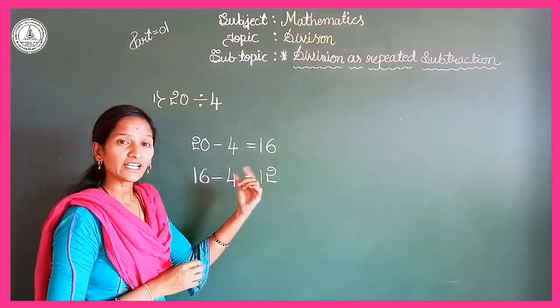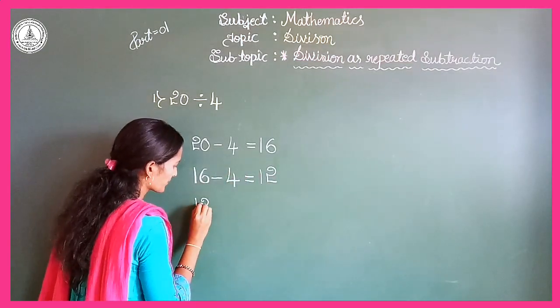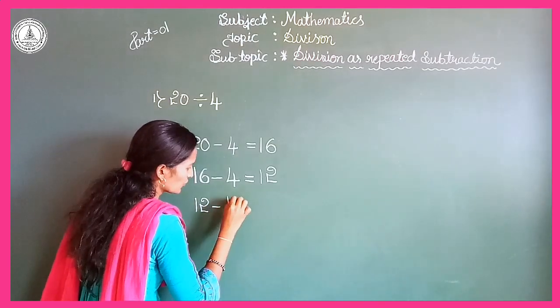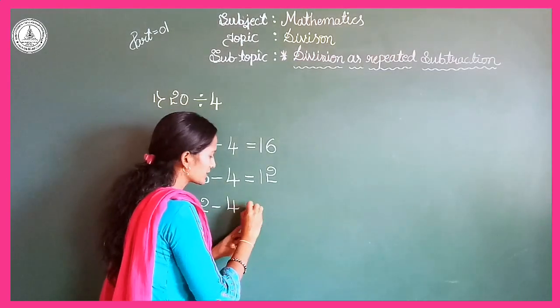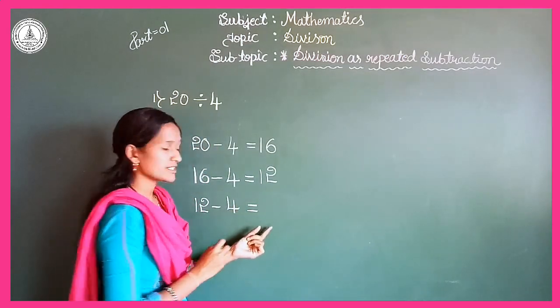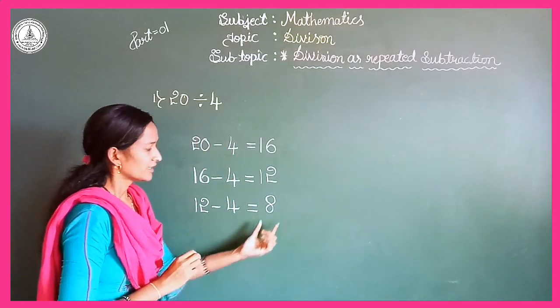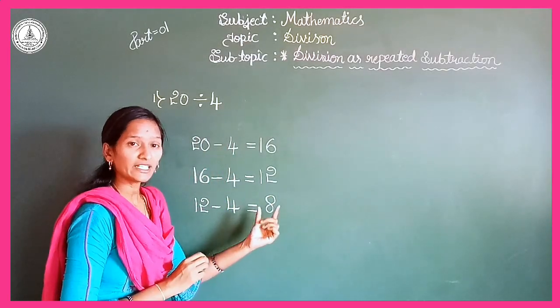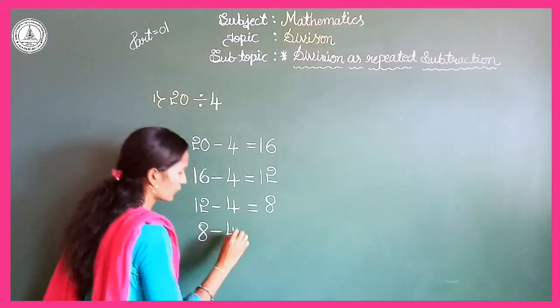Right? In the next case, I am taking 12 here. 12 minus the same number 4. 12 minus 4 is equal to what? 12 minus 4 is 8. Right? Next, I am taking the number 8 here. So 8 minus 4.